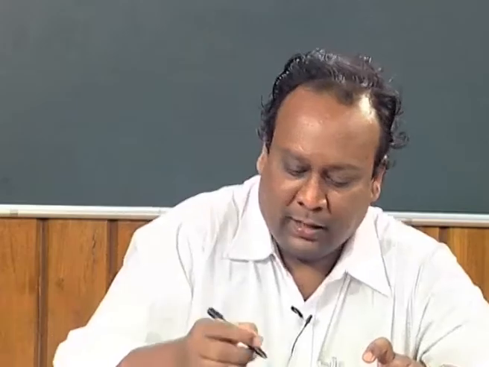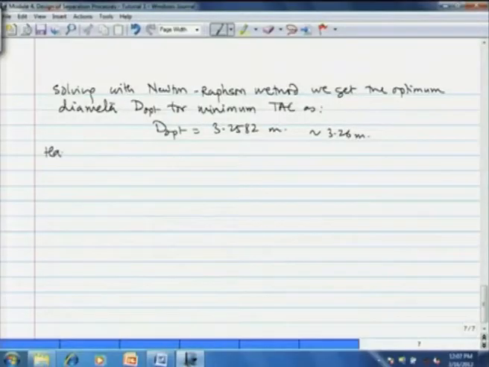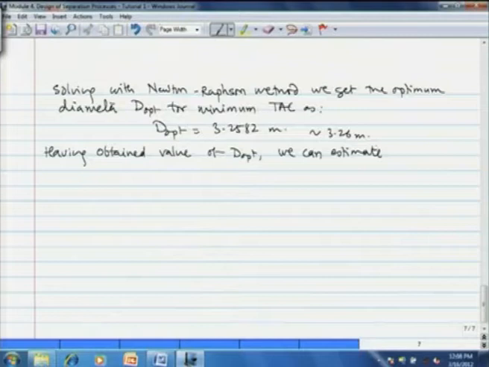Okay. Now having obtained the value of D opt, we can estimate all costs and other parameters.